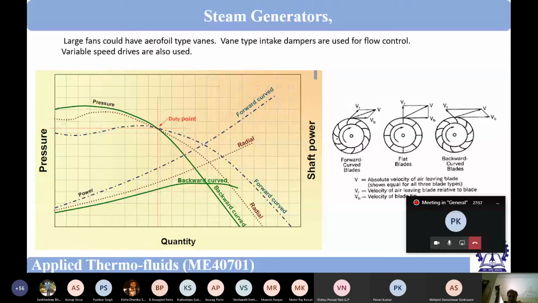So we use an oversized pump, and then we have some sort of a bypass line so that some of the water we let go back to the sink again. The other water, we are getting the required amount of flow and the pressure developed by the pump. So those kinds of things we have to do. Okay.